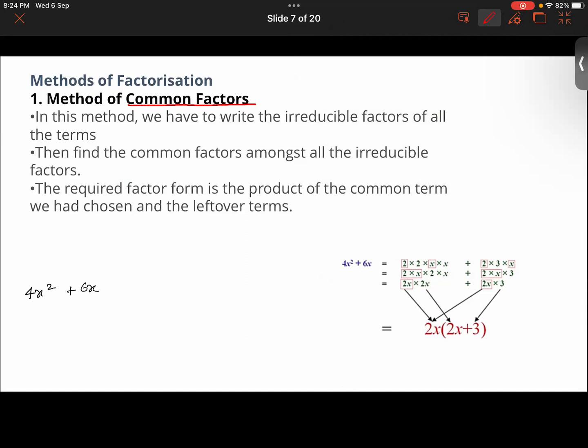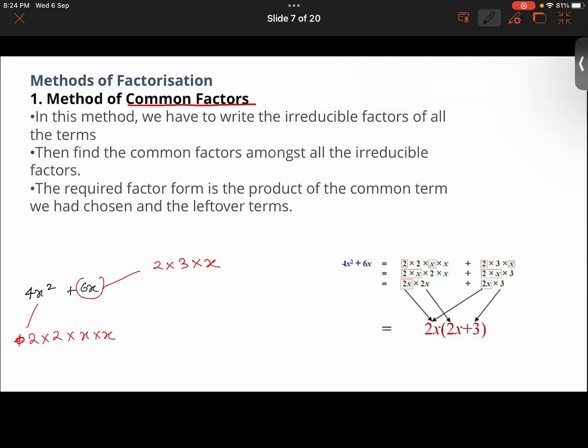Seems very easy, but let's try to do it. First expand it. So 4 will be 2 into 2, and x square is x into x. And 6x will be 2 into 3 into x.